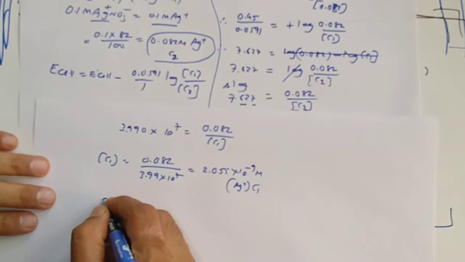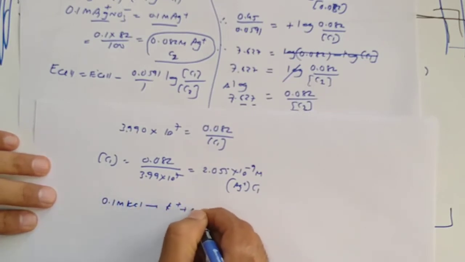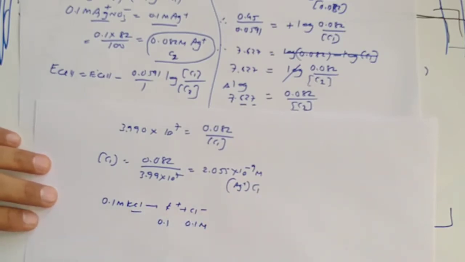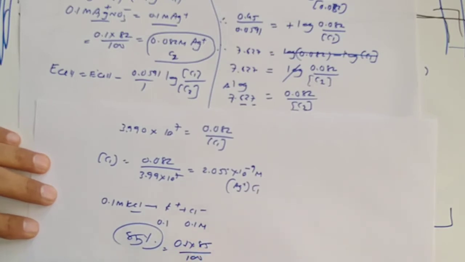But this is in KCl. 0.1 mole KCl gives K plus and Cl minus, a strong electrolyte, so the molarity of Cl minus is 0.1 and 85% dissociation of it. So 0.1 into 85 divided by 100 gives 0.085 molarity of this Cl minus.